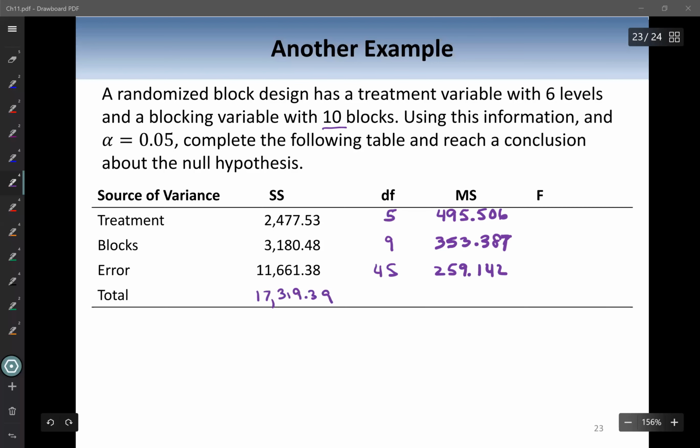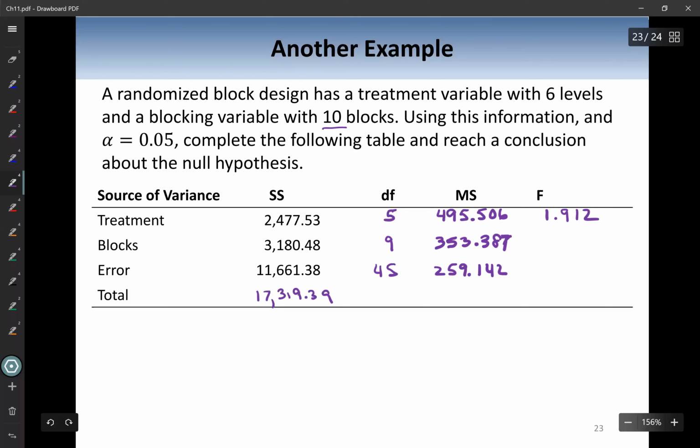259.142. Okay, for the observed F values, for the treatments, you take the mean square for the treatments, 495.506, and divide by the mean square error, 259.142. That will give you the F value for the treatments.